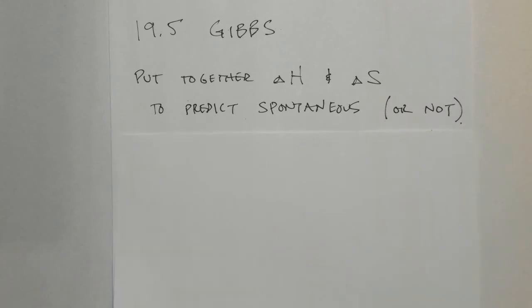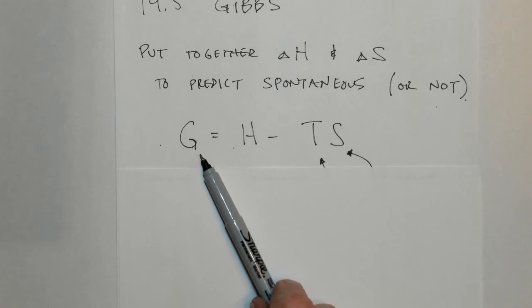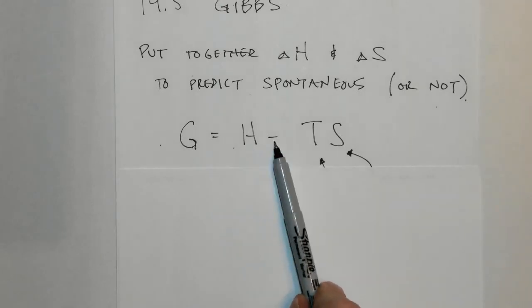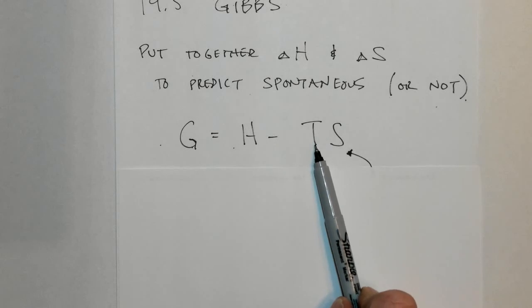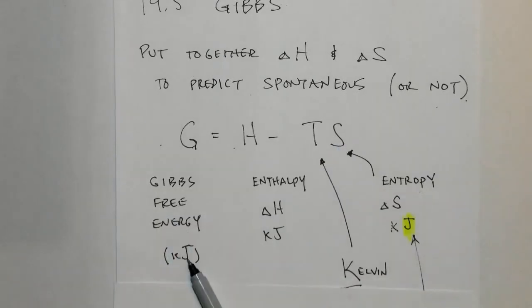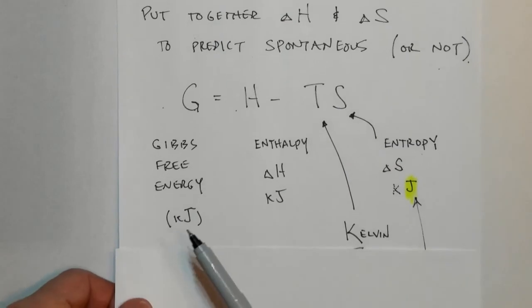This is put together into an equation called the Gibbs equation, or the Gibbs free energy equation. The Gibbs free energy equation is symbolized by the letter G, and it equals enthalpy minus absolute temperature in Kelvin times the entropy. This is called the Gibbs free energy, and it is measured in kilojoules. It's an amount of energy.